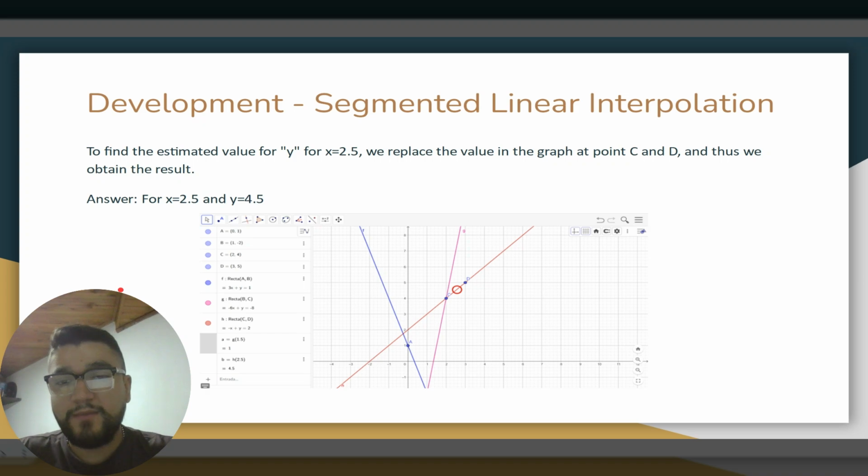To find the estimated value of y for x equal 2.5, we replace the value in the graph at point C and D, and thus we obtain the result. Answer: for x equal 2.5, y equal 4.5. This point.